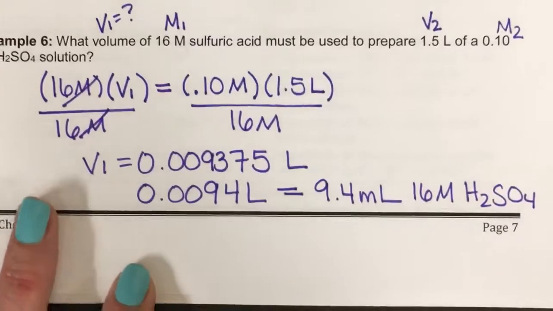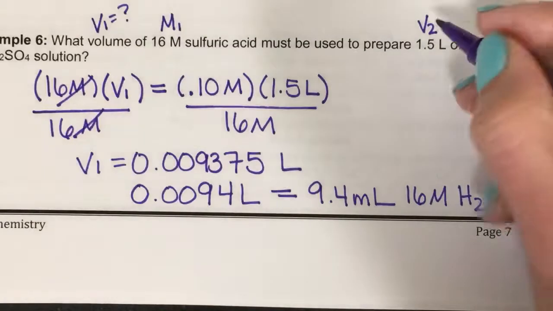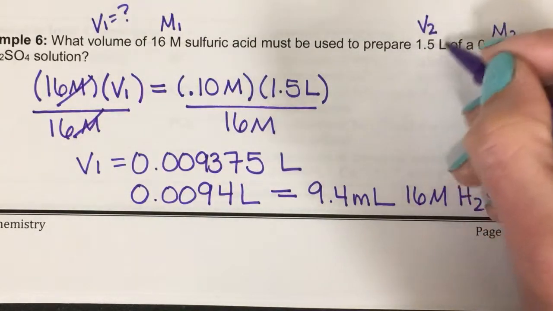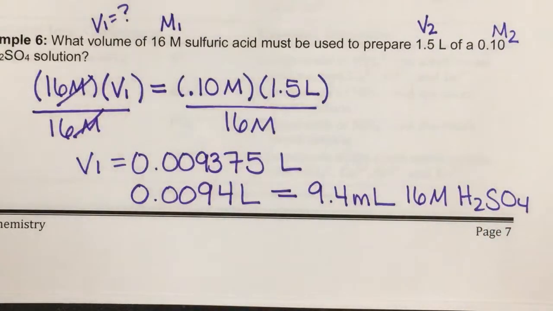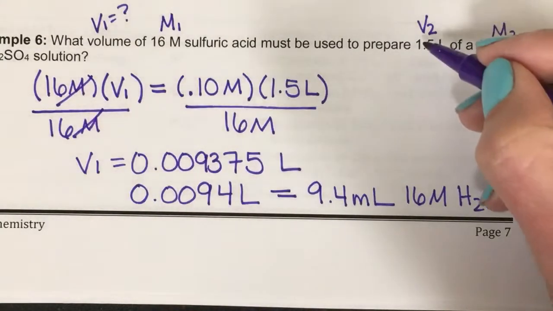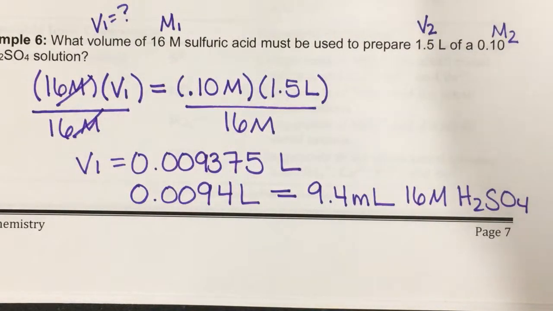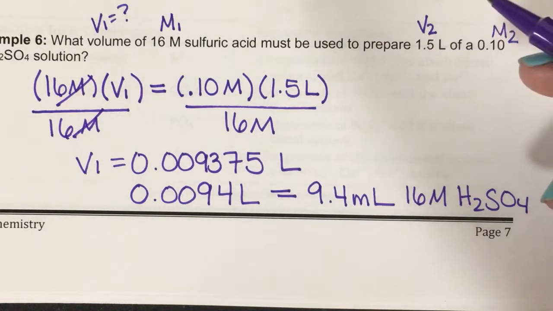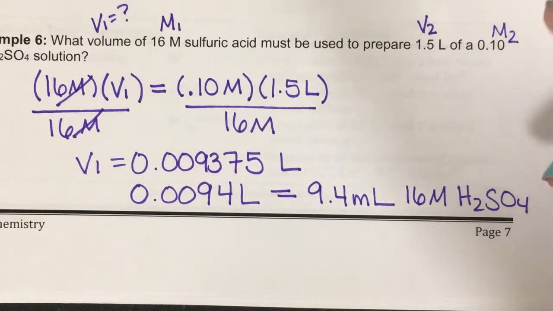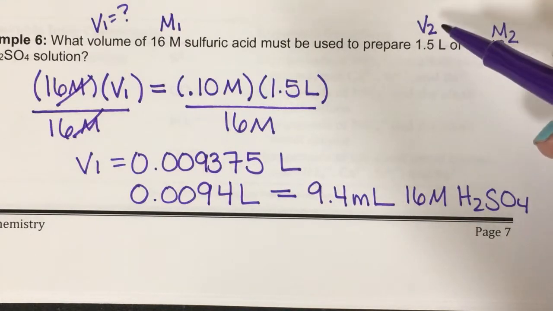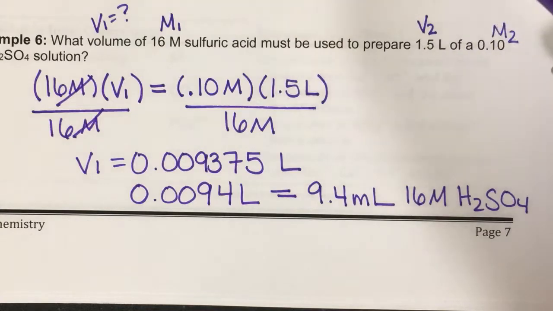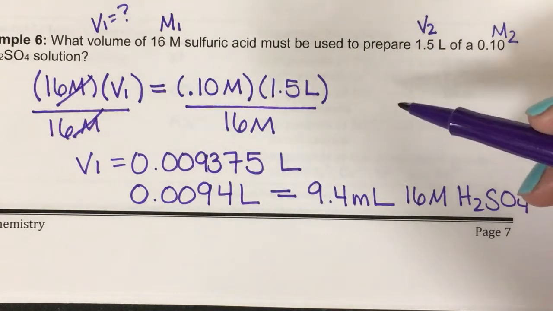I would add it to a container that is 1.5 liters big. Now we've got these things called volumetric flasks that are used to make solutions, and they come in different sizes. So I would get one that was a 1.5 liter, and I would add water slowly so that I would actually get up to the 1.5 liter mark so that I have my solution.